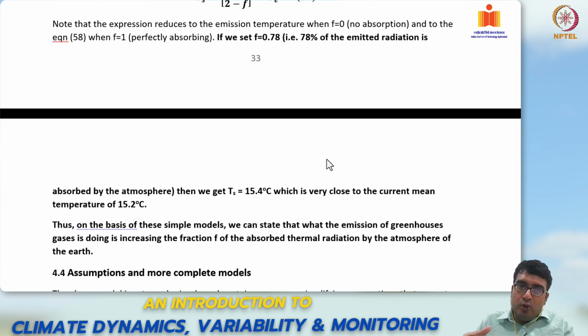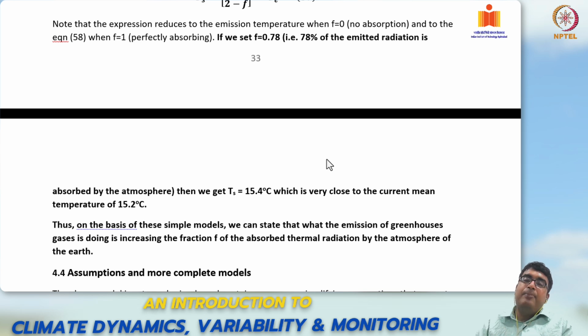If you have more and more greenhouse gases, the atmosphere will become progressively more absorbing of the thermal radiation of Earth, and hence the surface temperature will increase. So what we are doing by emitting greenhouse gases is increasing this F factor.